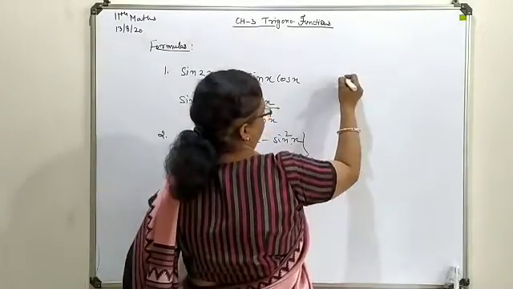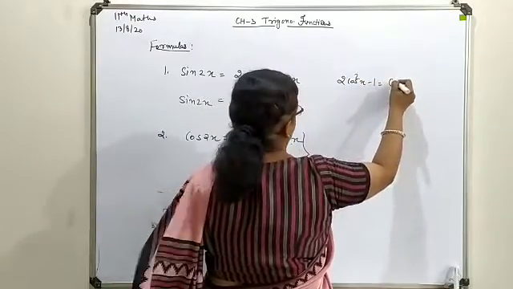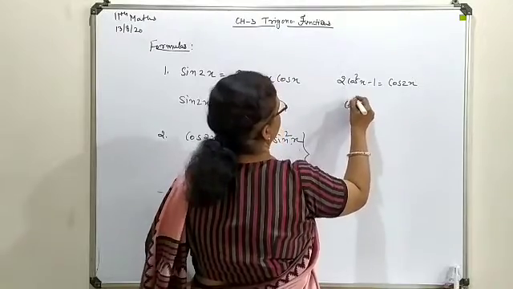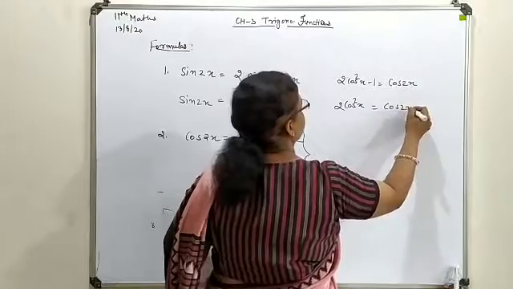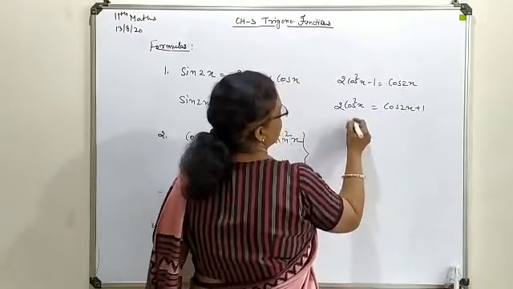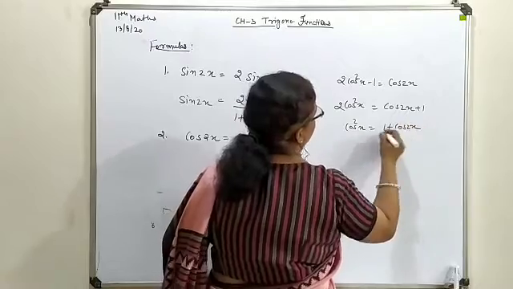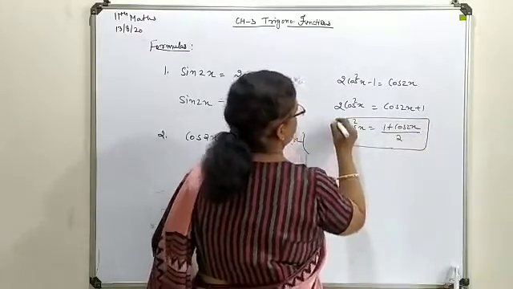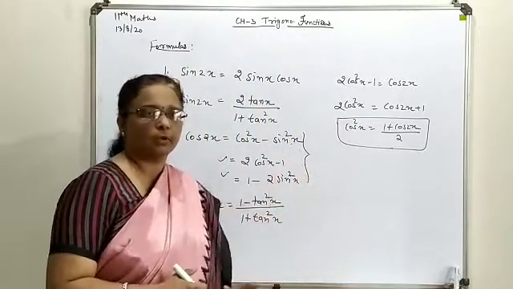First one, 2 cos square x minus 1 we have written as cos 2x. When you shift terms over there, this is the formula that many times has to be used: cos square x equals 1 plus cos 2x upon 2. This is an important interconversion of cos 2x in terms of cos x.